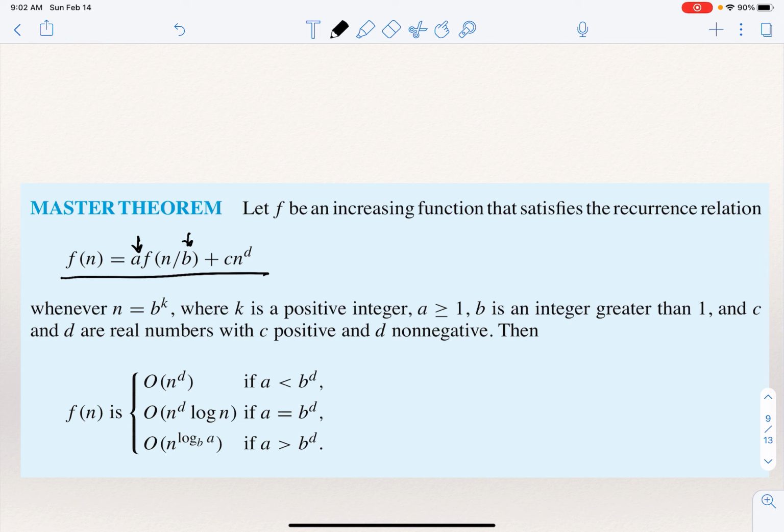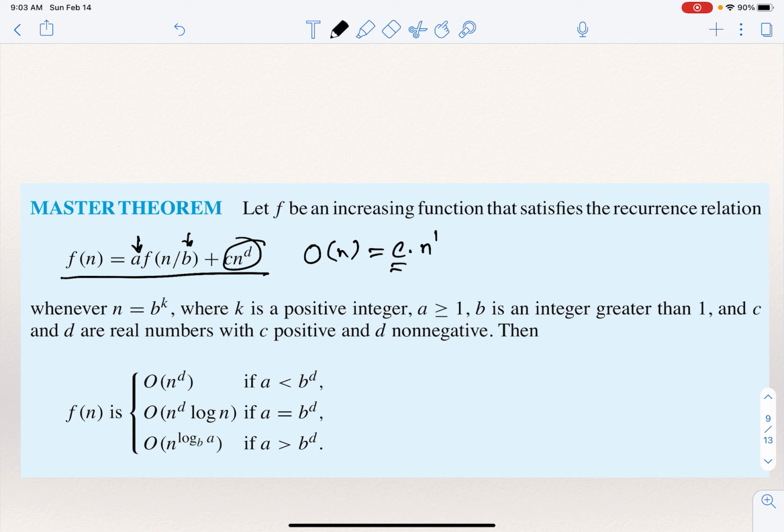So a here was 2, so we solve both of them. And then c times n to the d here is taking O of n. Okay, so in merge sort, it's O of n, which is basically c times n to the 1, where c is a constant. So we have a recurrence of the form a times f of n over b plus c n to the d, and it has to be of this specific form.